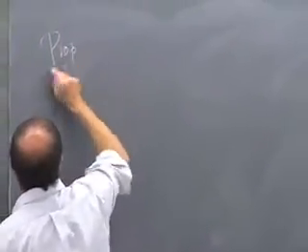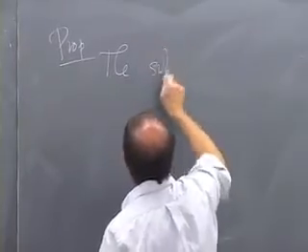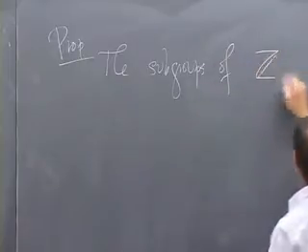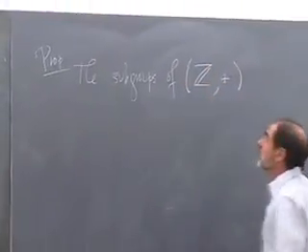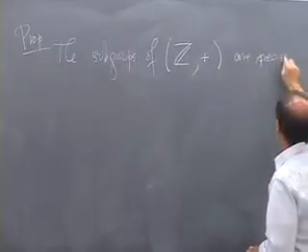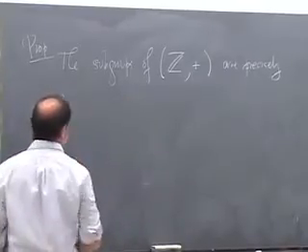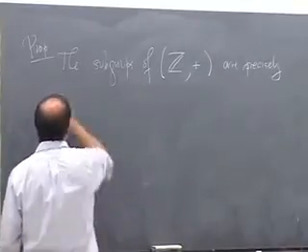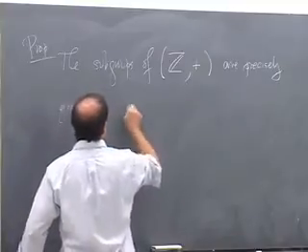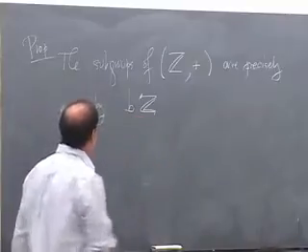Proposition. The subgroups of the integers under addition, that's an abelian group, are precisely given by BZ, all multiples of a fixed integer under addition.